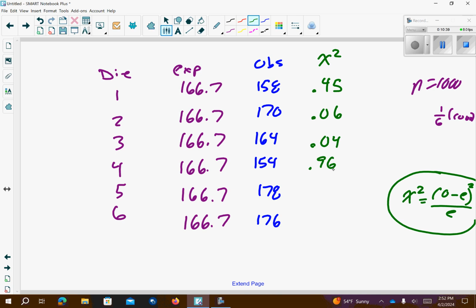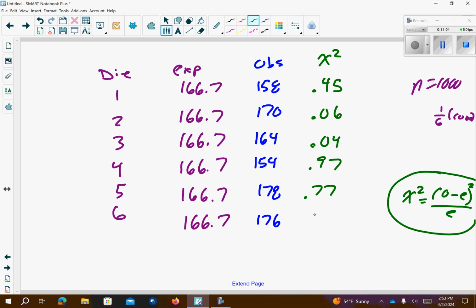Sorry. One whole decimal shouldn't make the biggest difference in the world, but we'll take care of it. So 0.97. And then I'm going to go 178 minus 166.7. Square that, gives me 127.69 divided by the 166.7. So this comes out to 0.77.